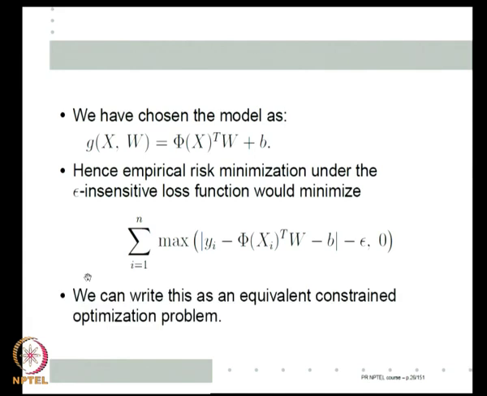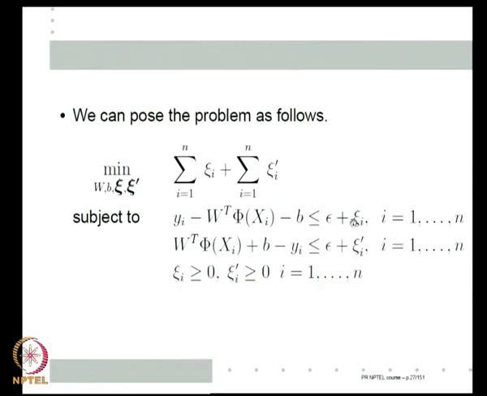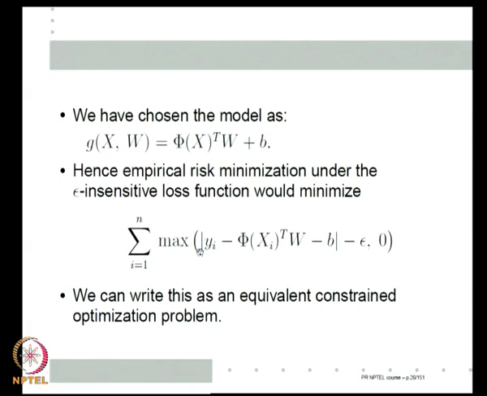What we are going to do now is write this unconstrained minimization as an equivalent constrained optimization problem, because that will allow us to get into the structure we want. Just remember this is what I want to minimize. Basically, given a w and b, ideally I want either y I minus phi of x I transpose w plus b to be less than epsilon, or phi of x I transpose w plus b minus y I to be less than epsilon, whichever is positive.